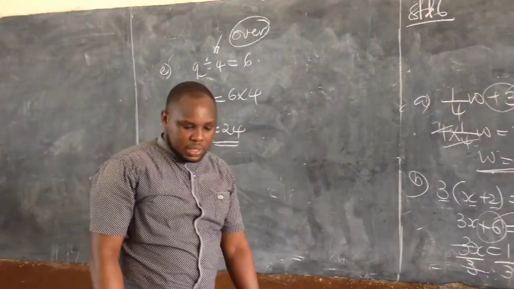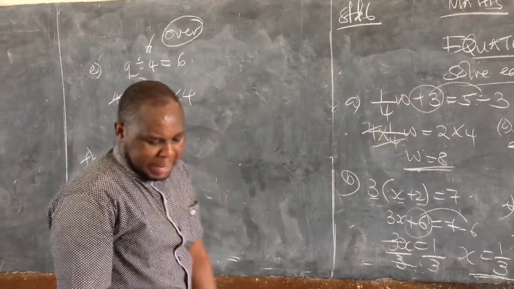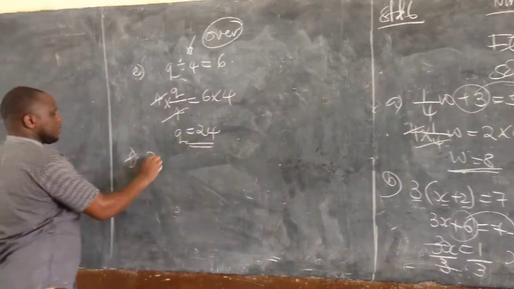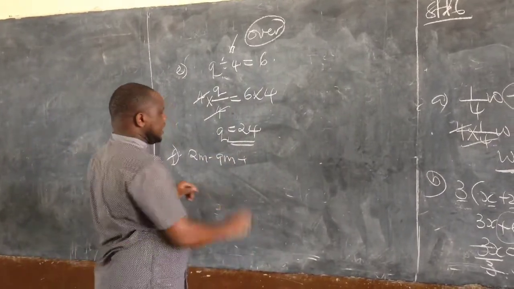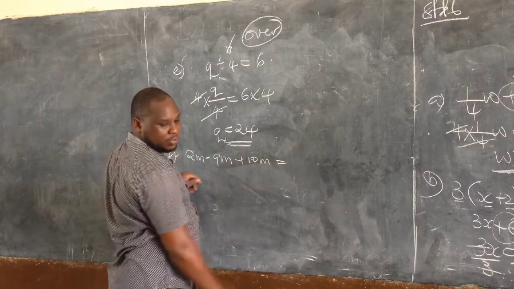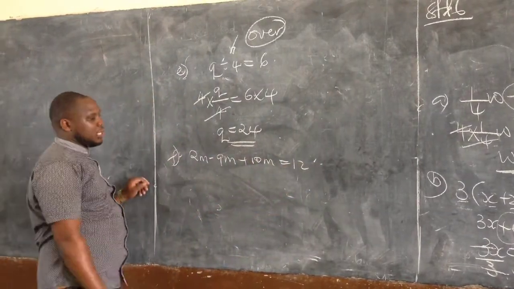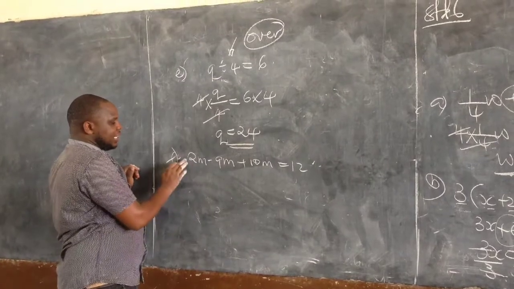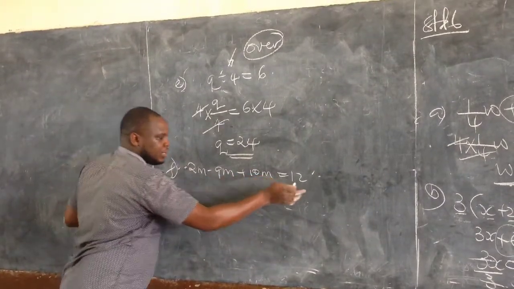We can have another question, like for example, can be given 2m minus 9m plus 10m is equivalent to 12. So this is how you can do this question. Grouping like terms together here, learner. This has a positive sign, negative, positive, positive.